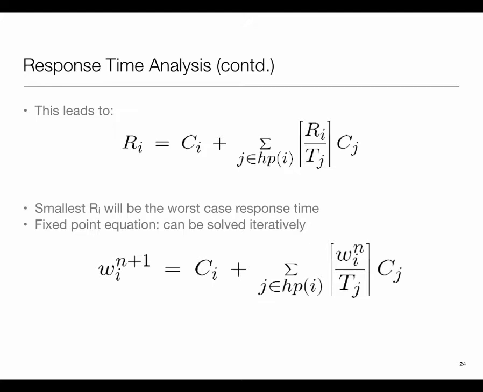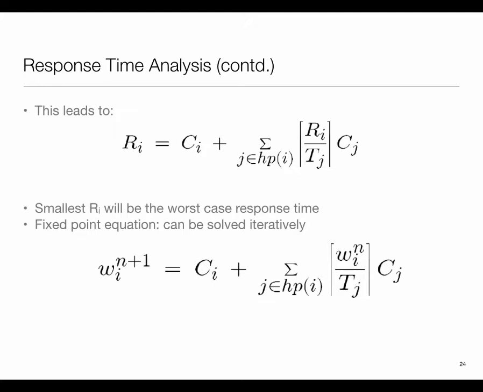Now in our case, as I iterate, if x exceeds the deadline, that means we can stop. And if it converges, that is, at some point we find that x is equal to f of the previous x, then also I'm done. So there's a well-defined stopping criterion.